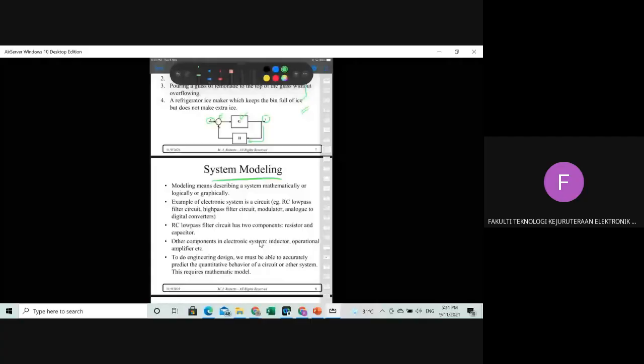You have a system, the input is x(t), the output is y(t). So the system modeling is used to describe the system together with the input and output.